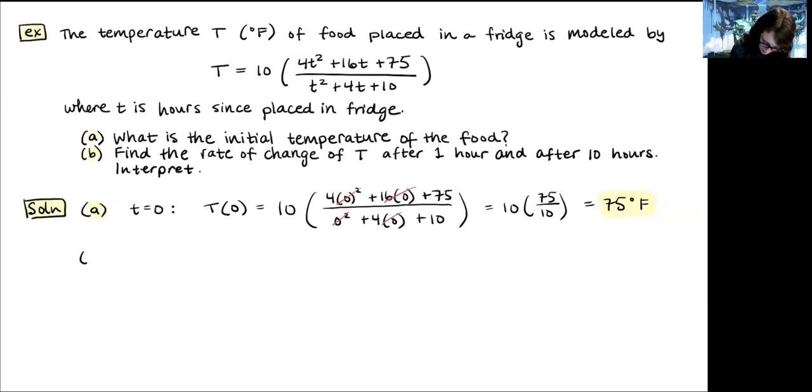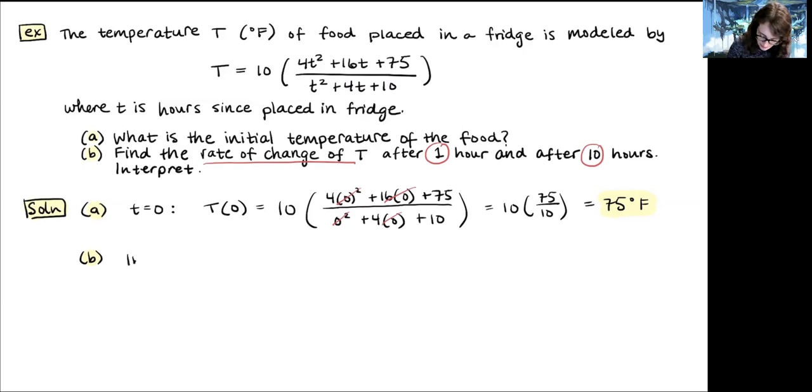So in part B, okay, we're looking at the rate of change of T after 1 hour and after 10 hours. So this is an instantaneous rate of change, two separate ones at two different times.